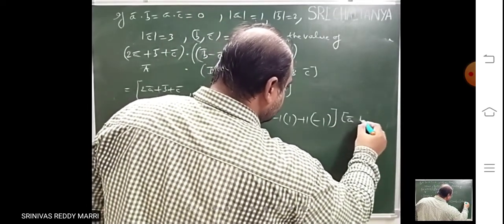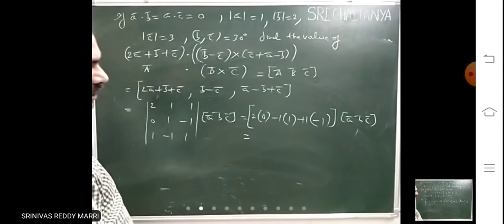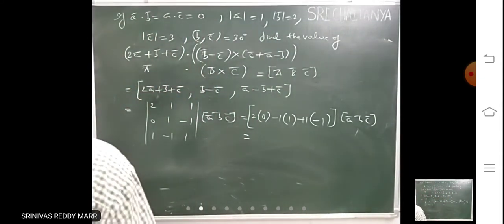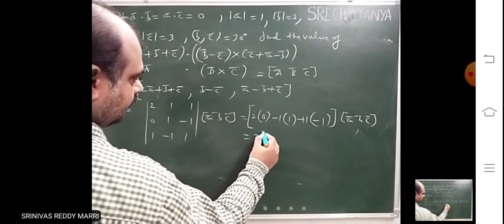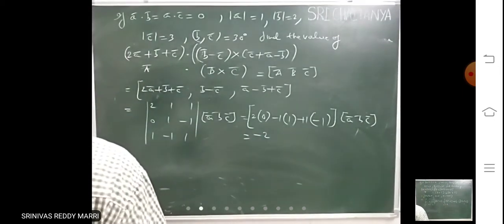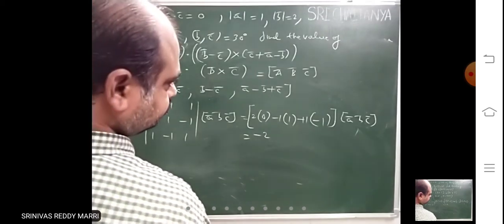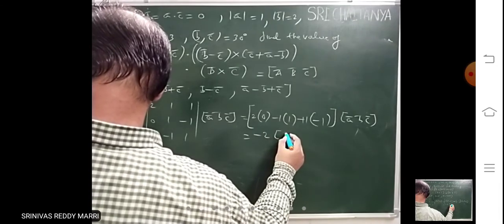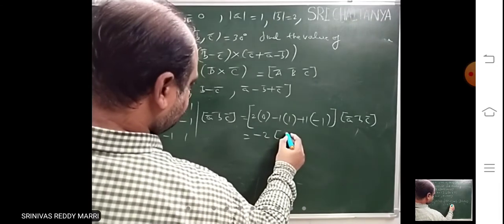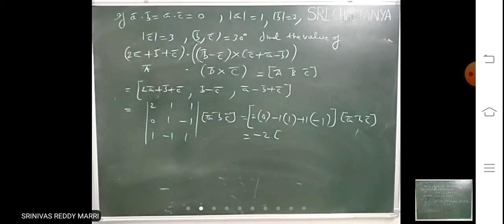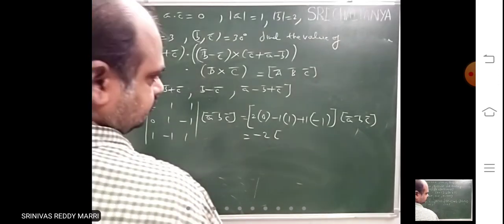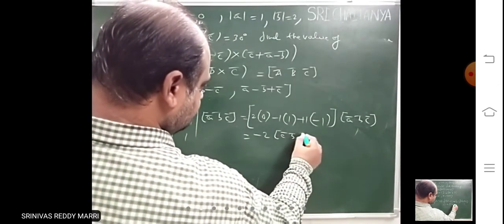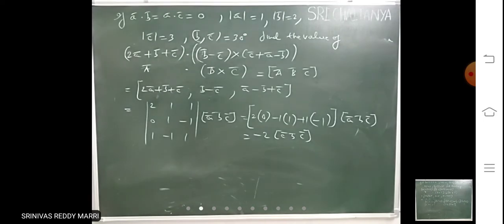So you get minus 1 minus 1, that means minus 2 into box of A bar, B bar, C bar.